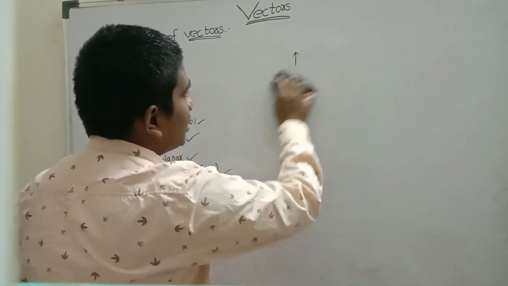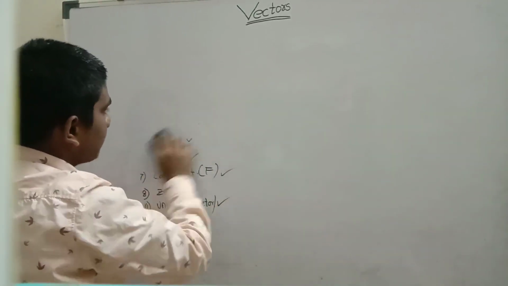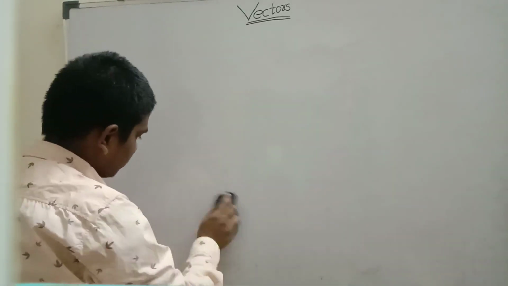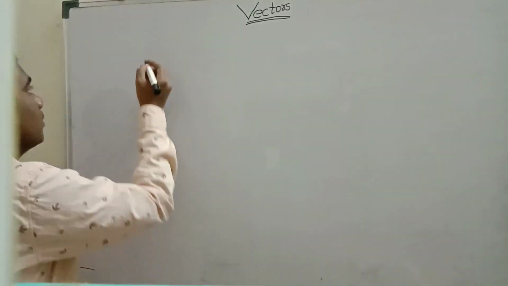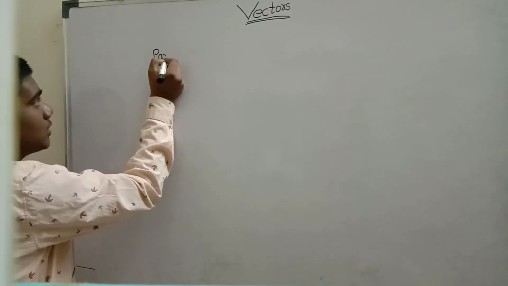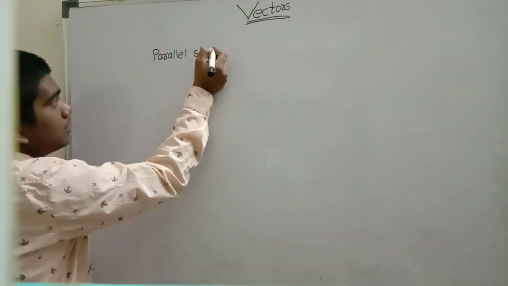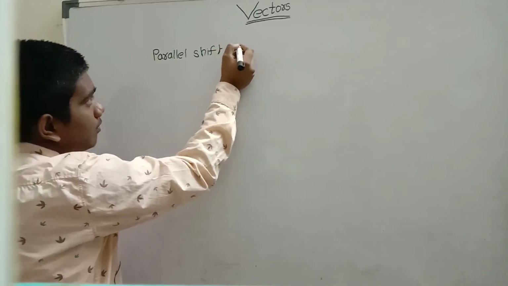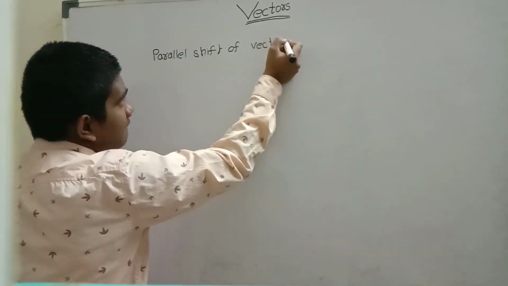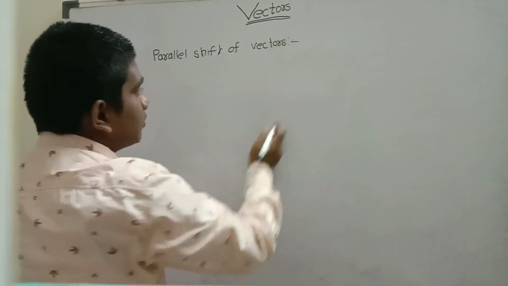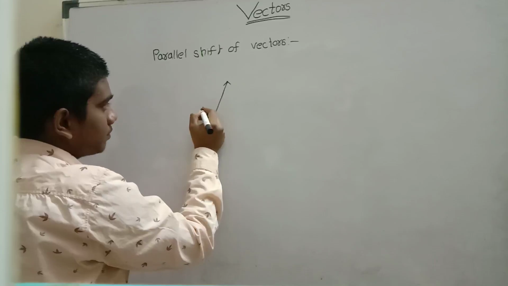Now we will see parallel shift of vectors. Let us imagine there is a vector A here.